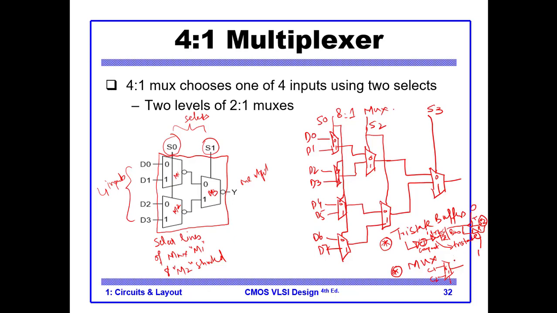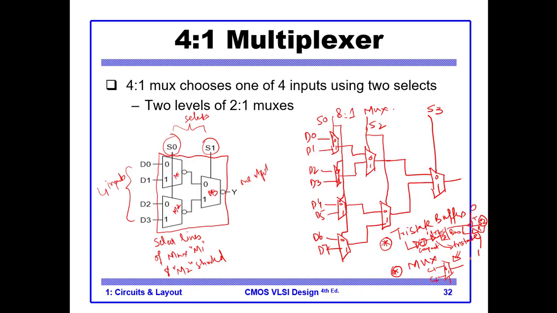So instead of a tri-state buffer, you can do it like this. In more recent times, muxes are used instead of tri-state buffers, because tri-state buffers have certain disadvantages. They are more susceptible to noise and all these things. So currently most applications use mux.